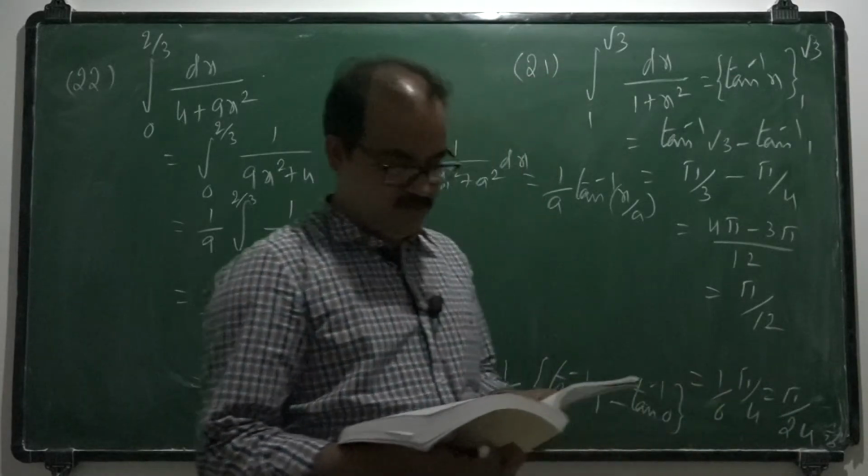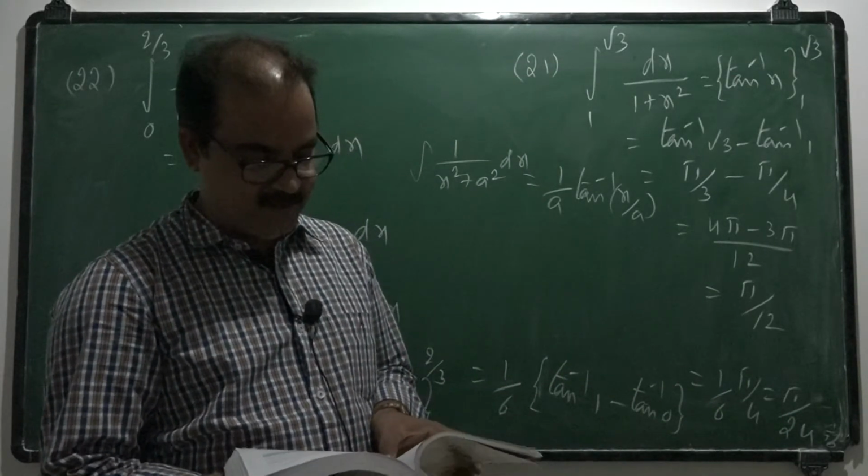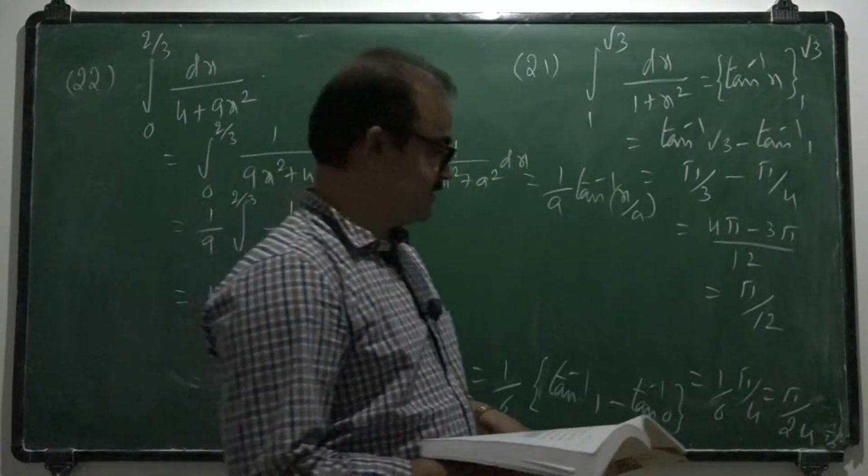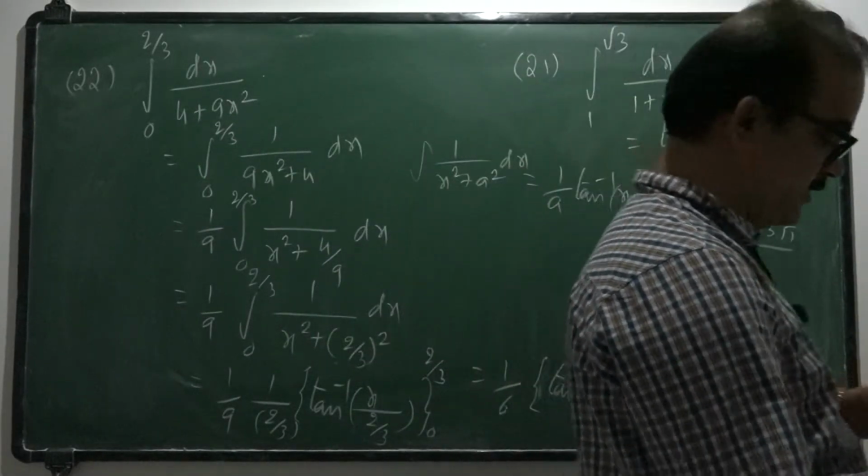Here also to this problem 4 options are given. Option C is correct. Option C is pi by 24.